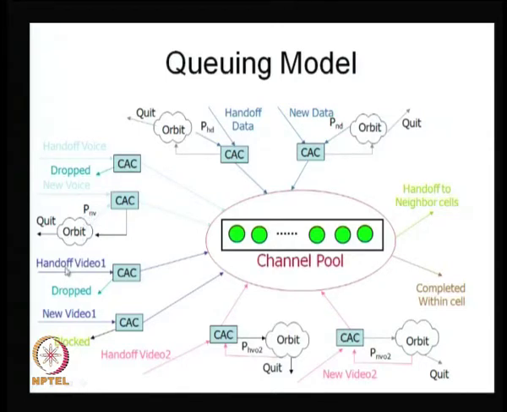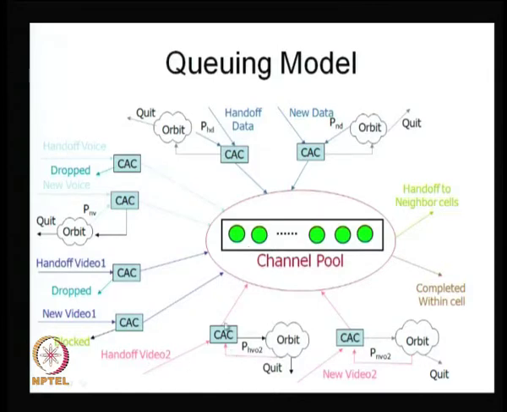Similarly, for the handoff video 1, either it will be accepted or it will be dropped. We use the word dropped for the handoff and blocking for the new calls. Therefore, a new video 1 call will be blocked if there is no bandwidth.